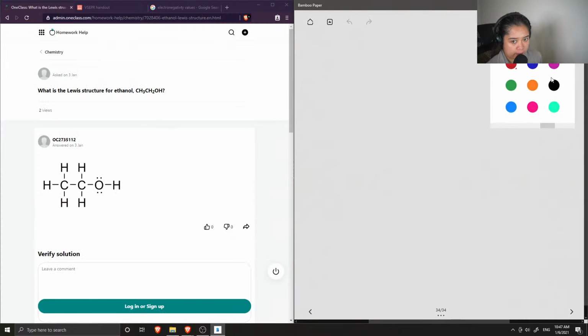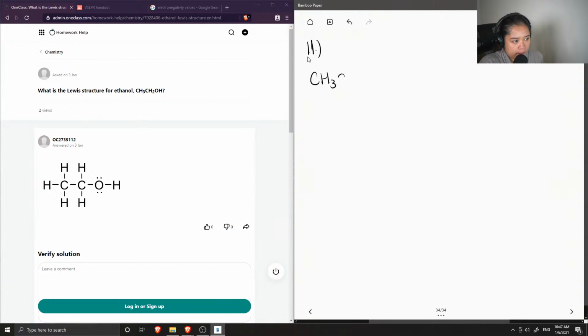Okay, so question 11, Lewis structure for ethanol, which is CH3, CH2, OH. So this one is kind of straightforward.